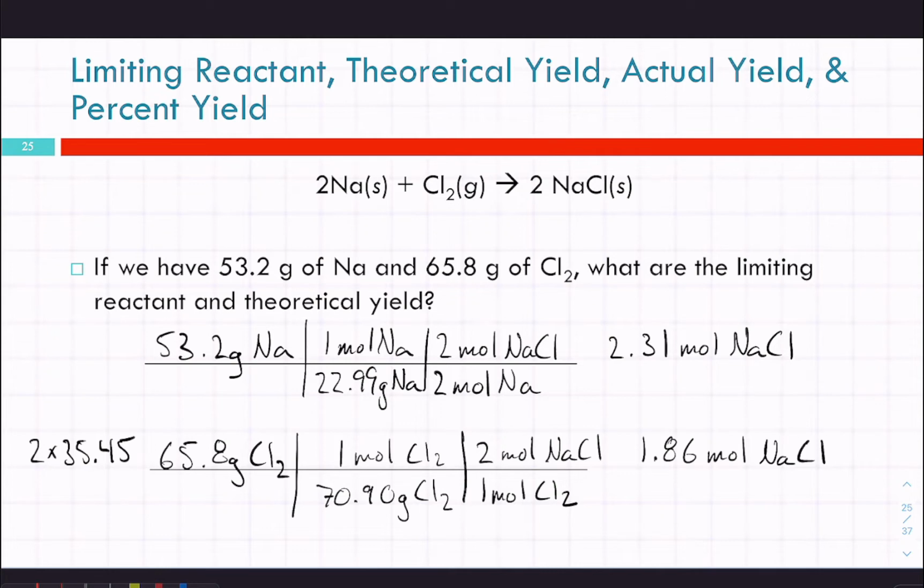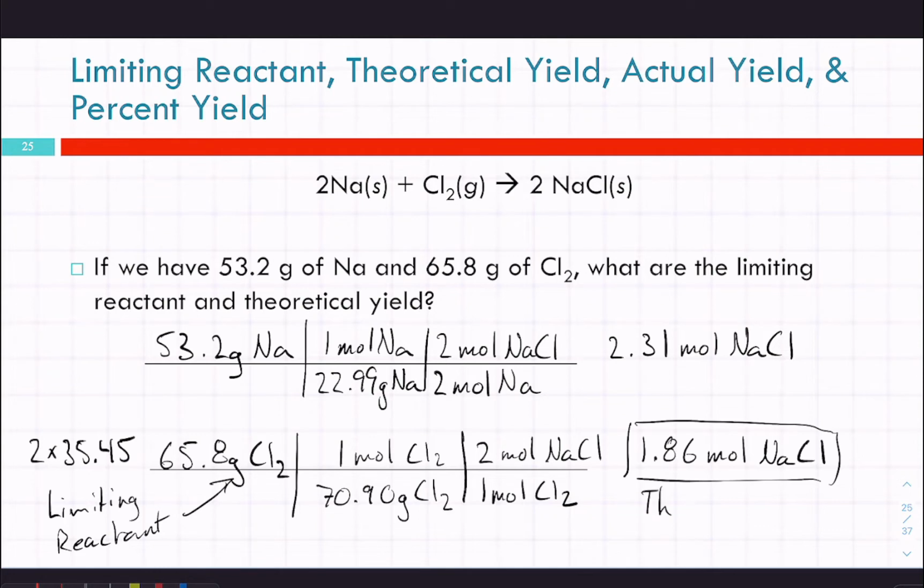So what is our limiting reactant? Chlorine. Yep. Chlorine is our limiting reactant because it produces the smallest amount of sodium chloride, which makes this our theoretical yield.